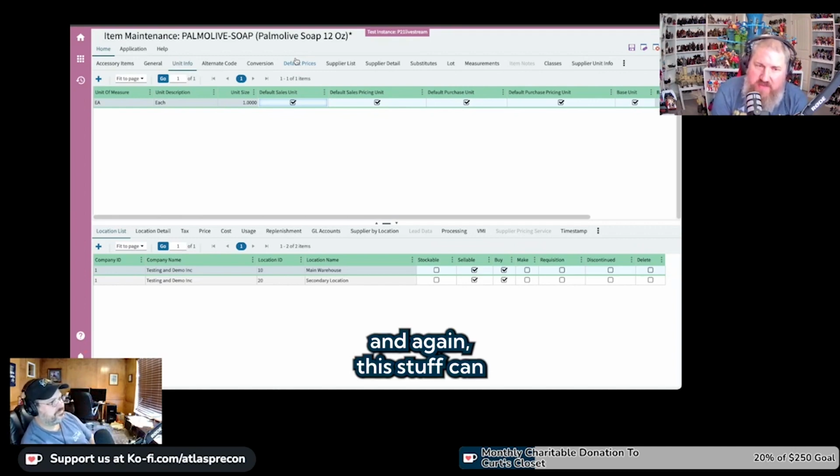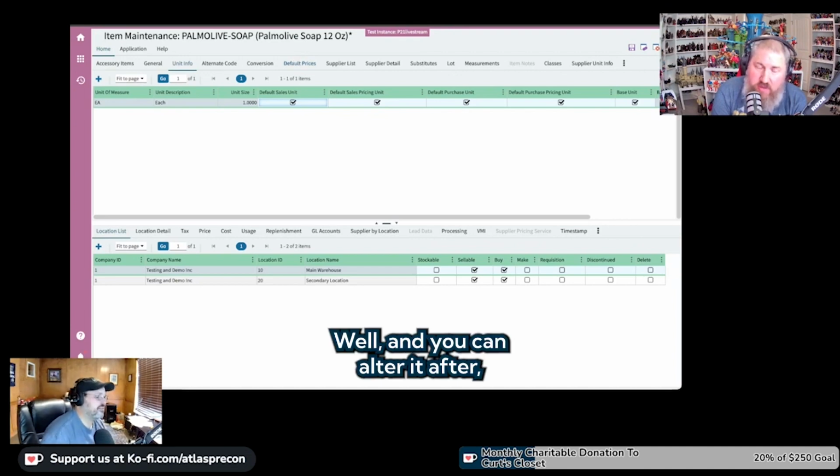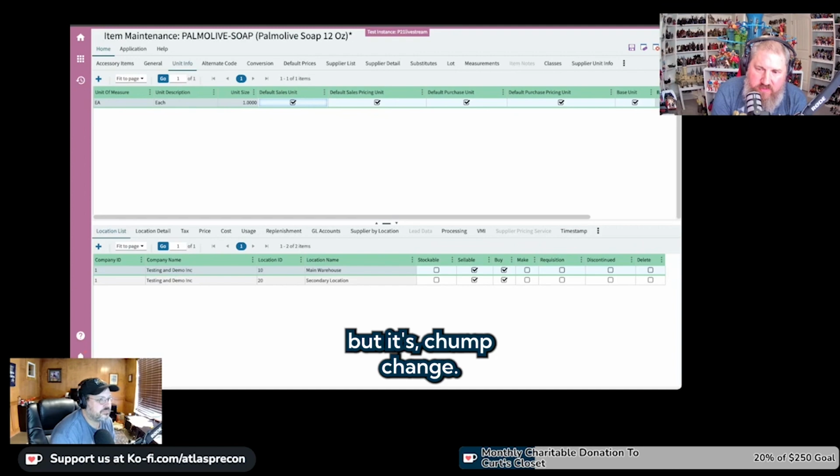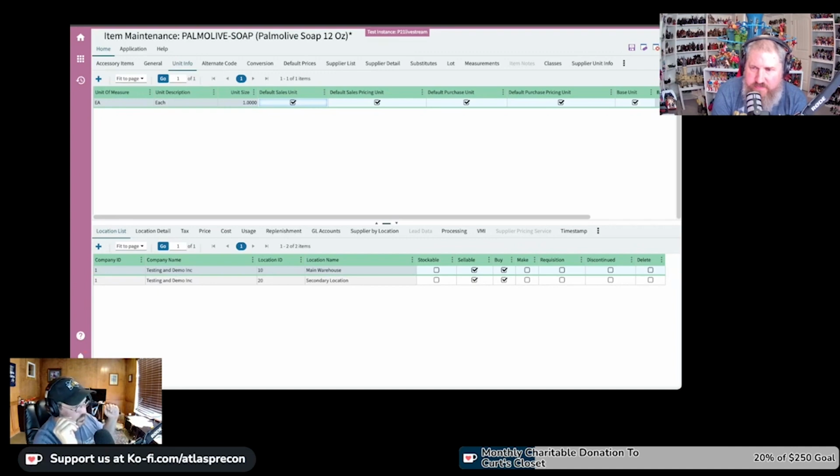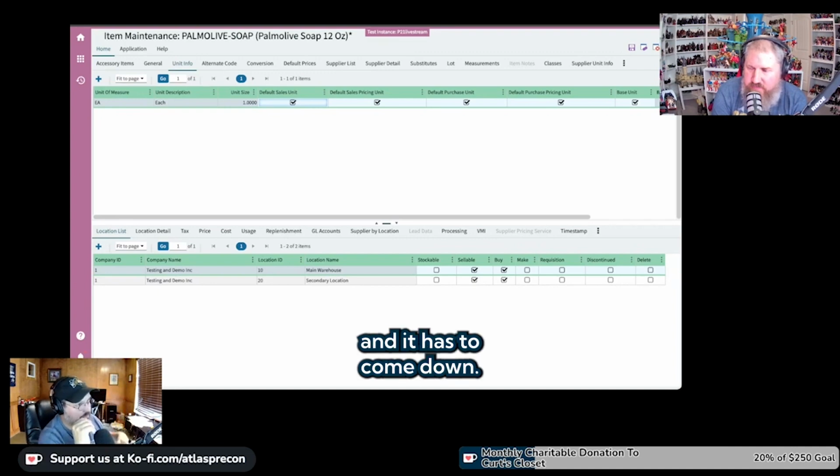And again, this stuff, it's a mind bender. It really is. Well, and you can alter it after, but it's such a pain. Here's the thing. It's easier to go up than it is to come down.